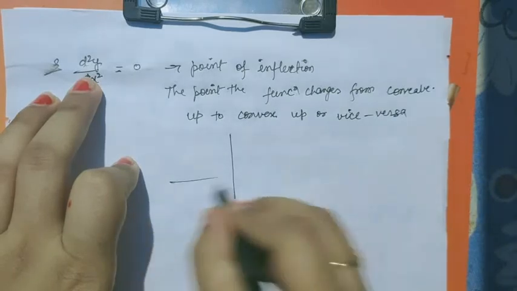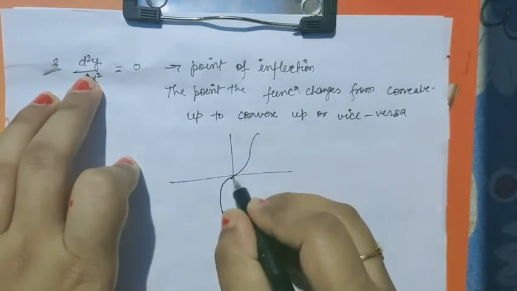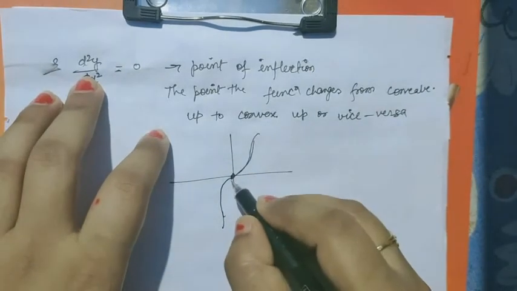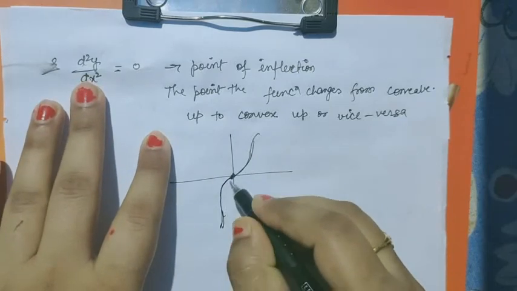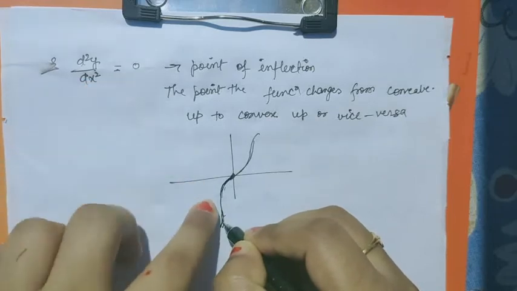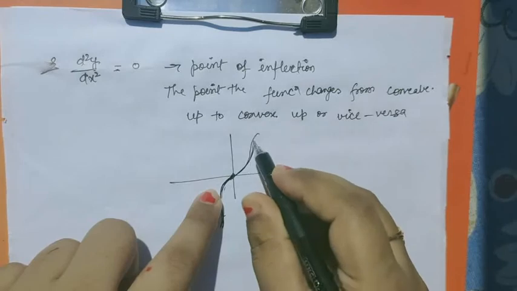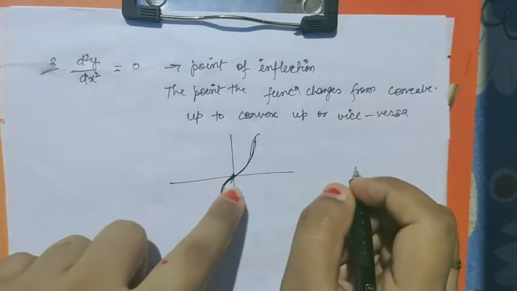We can represent it like this. See, at this point, after this is the point of inflection. This is the point where before that it was concave down, meaning convex up, and after that it becomes concave up. Okay.